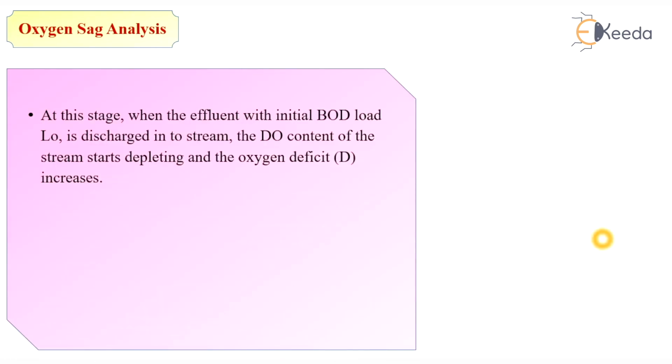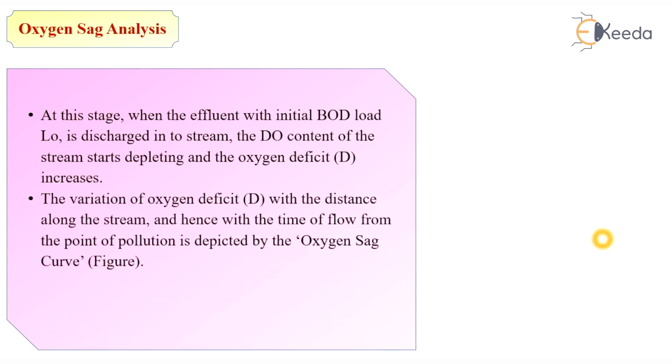At this stage, when the effluent with initial BOD, or biochemical oxygen demand, load is discharged in the stream, the dissolved oxygen content of the stream starts depleting and oxygen deficit increases. The variation of oxygen deficit with the distance along the stream, and hence with the time of flow from the point of pollution, is depicted by the oxygen sag curve.